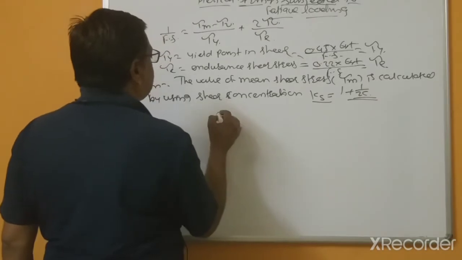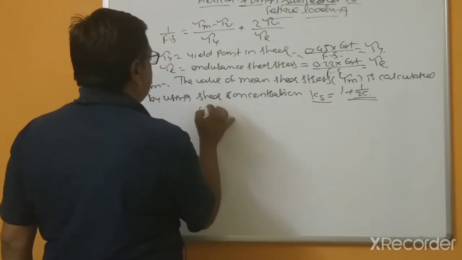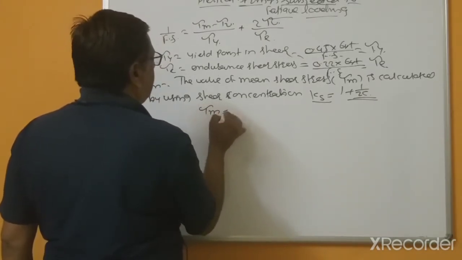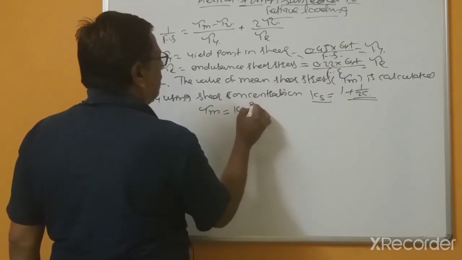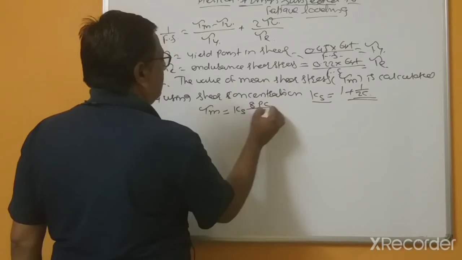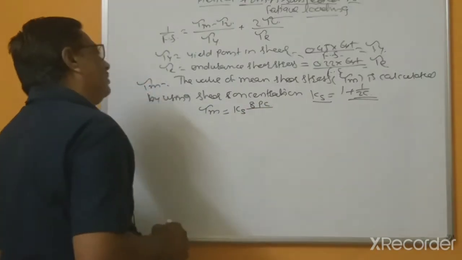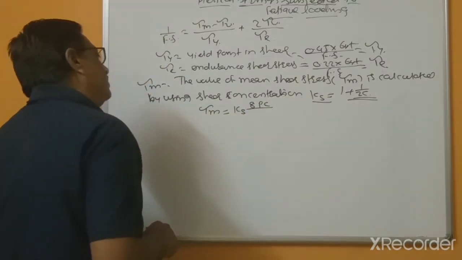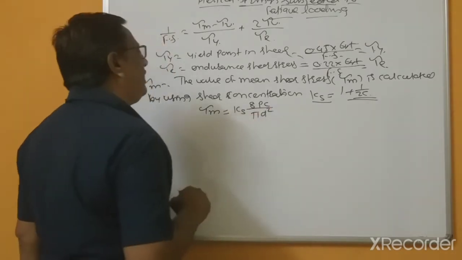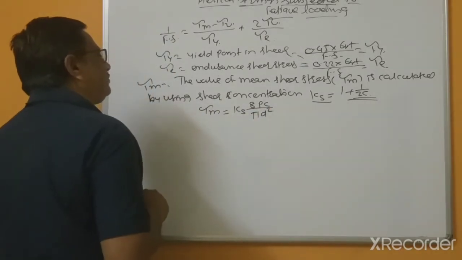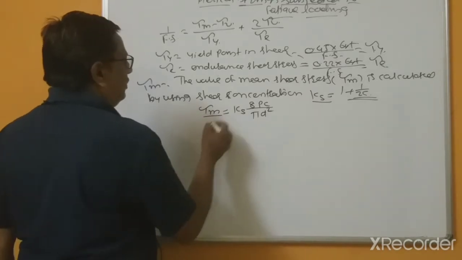Tau m equals Ks into 8 P mean C, divided by pi d squared.